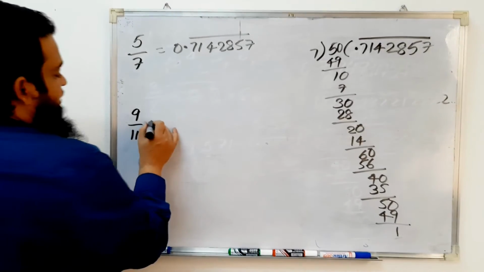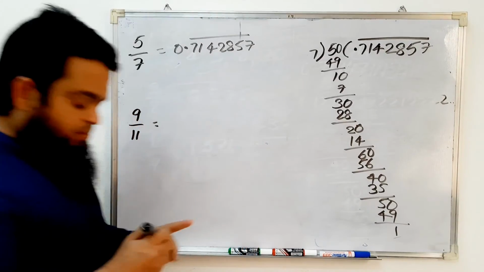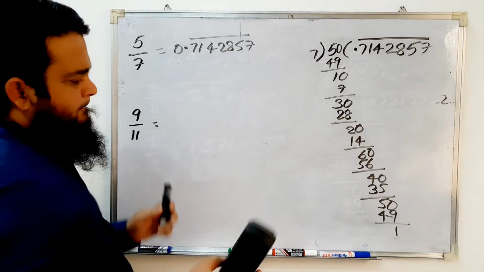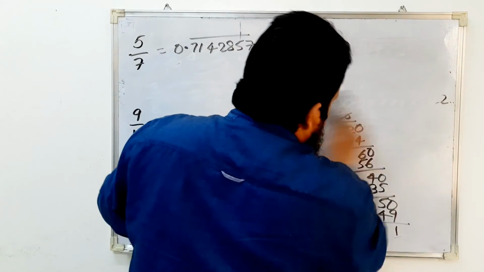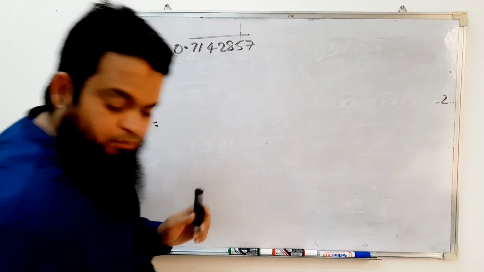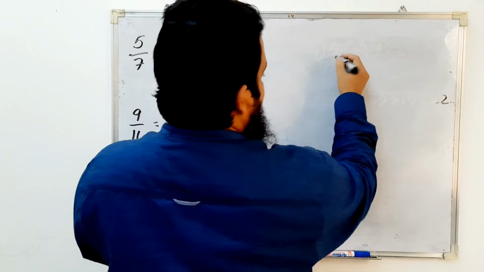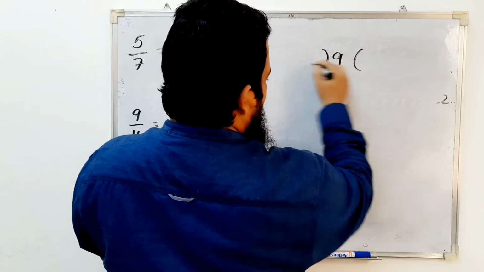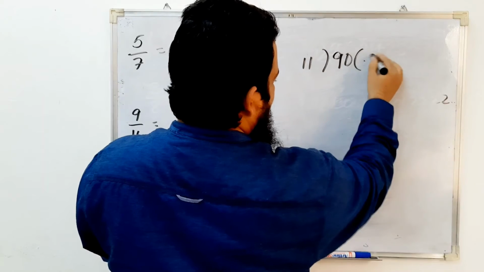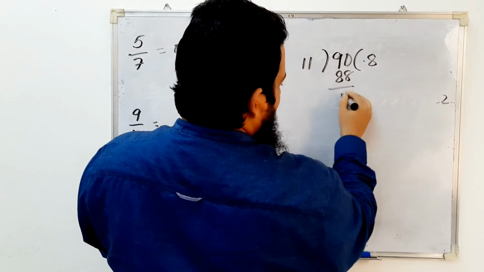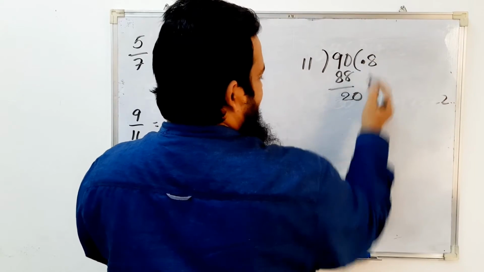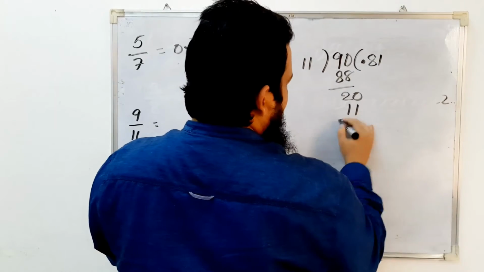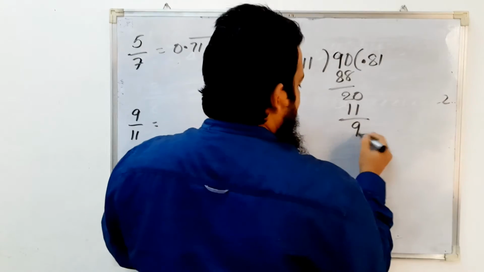Now let us see when we divide 9 by 11. When we divide 9 by 11, 0, 11 8s are 88, remainder 2, and already we have the point. So 11 into 20: 11 ones are 11, the remainder is 9.